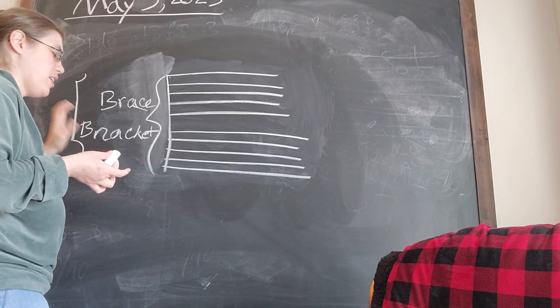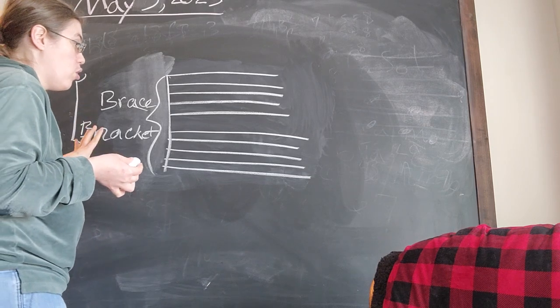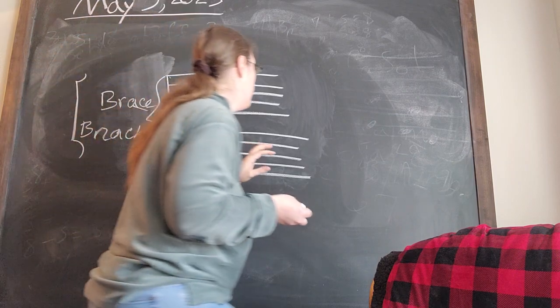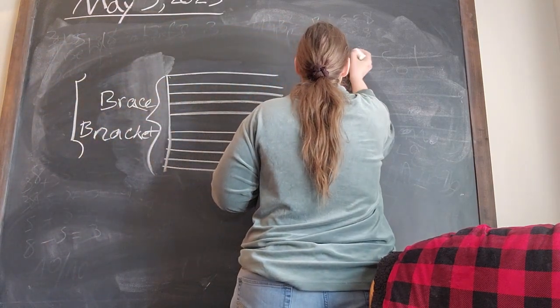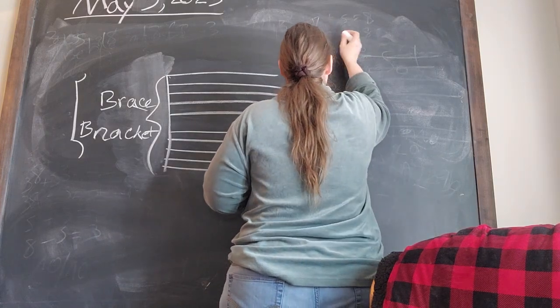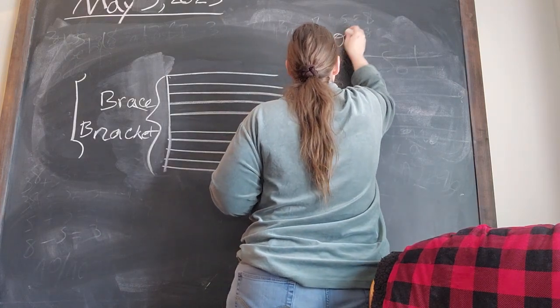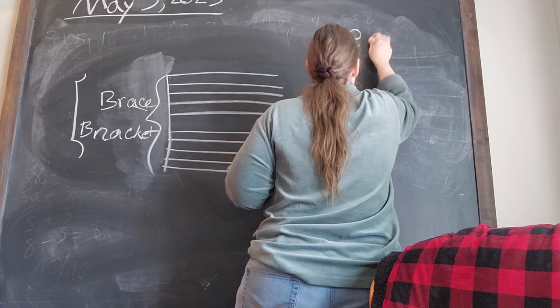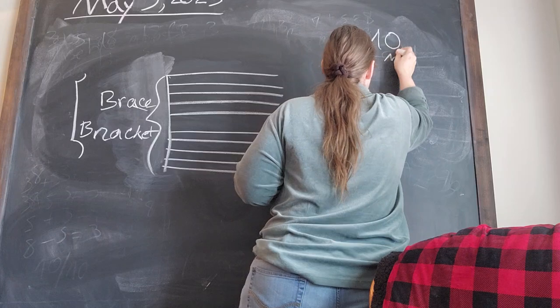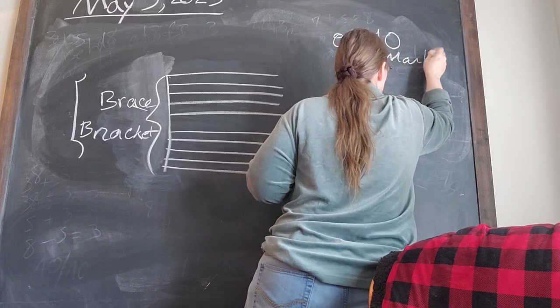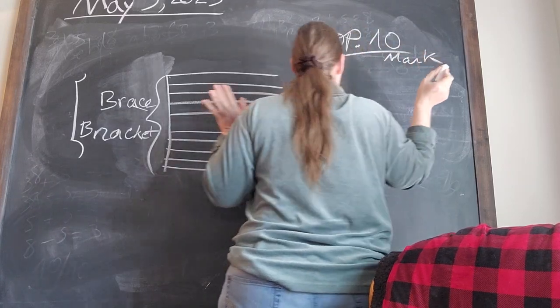If I'm not mistaken, on a full orchestra score, pretend that these lines are actual staves of music. So let's say this is Opus 10 by some guy by the name of Mark, some great composer.